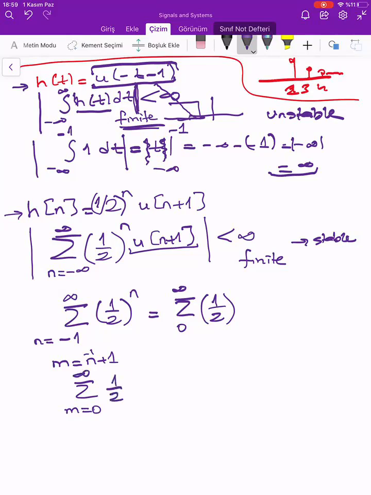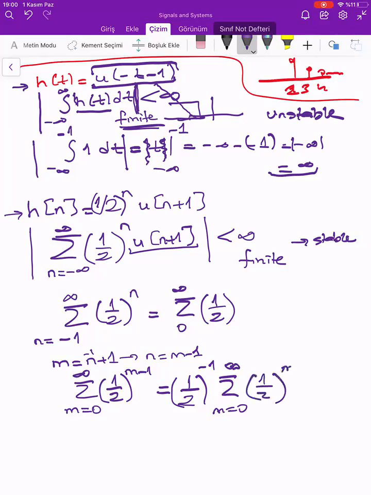And I will write 1/2 to the power n as m minus 1, okay? So this becomes 1/2 to the power m minus 1. It is like 1/2 to the power -1, sum over m from 0 to infinity, and then 1/2 to the power m, right?